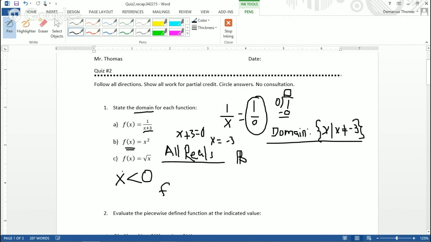I can't take f of negative 2, for example, because I'd get the square root of negative 2, and that is undefined. So the domain is the set of all x values such that x is greater than or equal to 0.